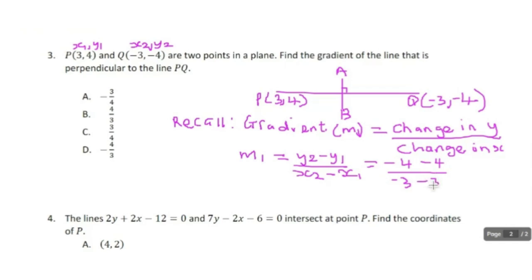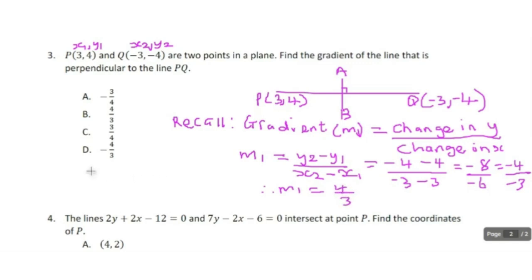So basically we end up with -8 over -6. Then when we reduce this to the smallest, we have -4 divided by -3. So therefore, M1 equals 4/3.